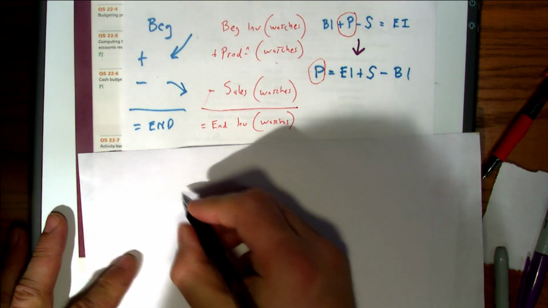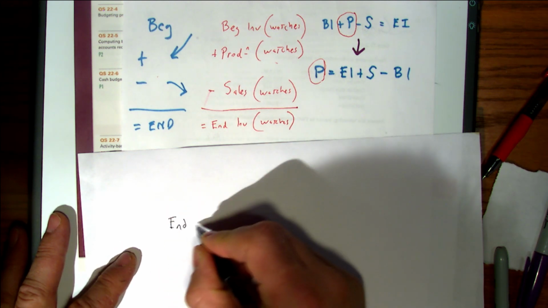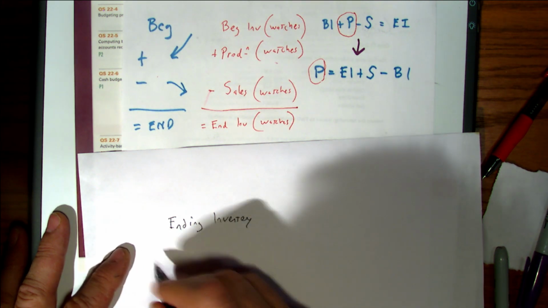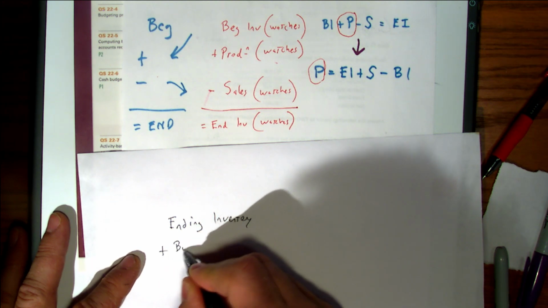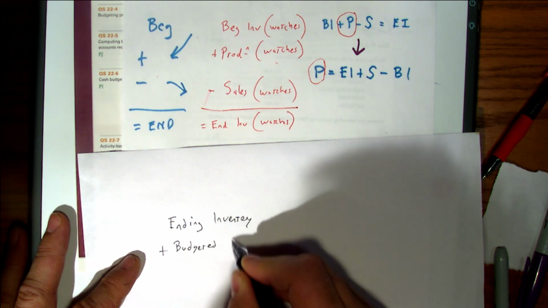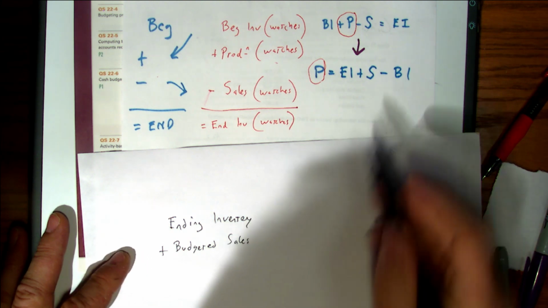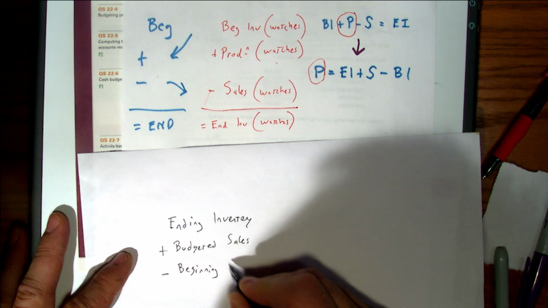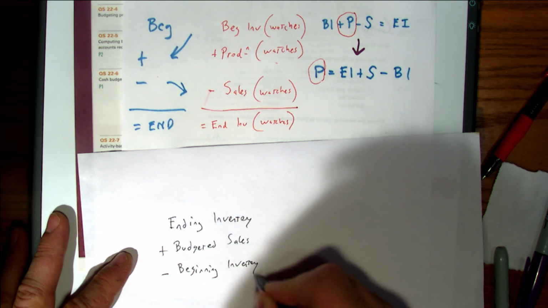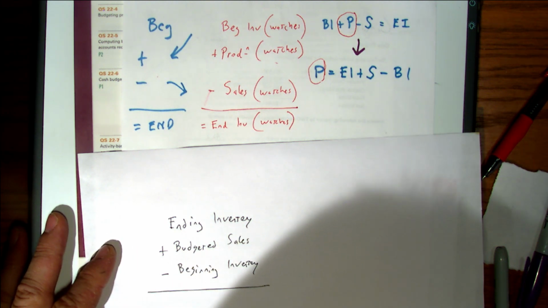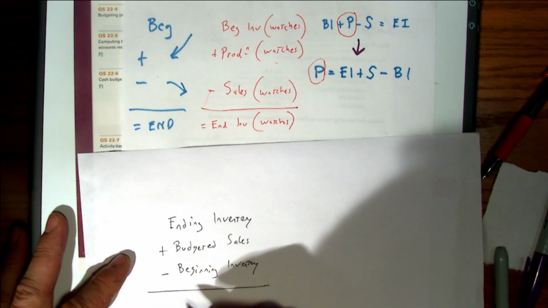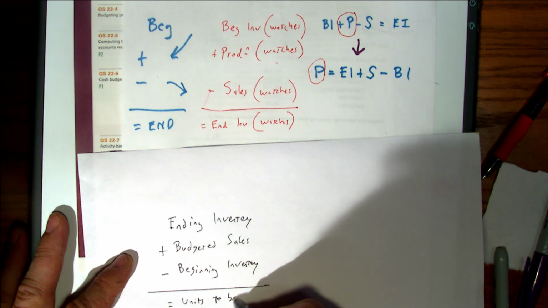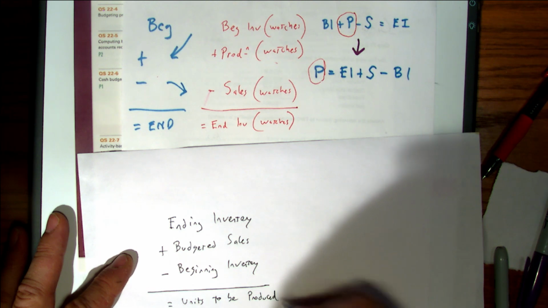So what I'm going to say is ending inventory plus budgeted sales minus beginning inventory equals units to be produced.